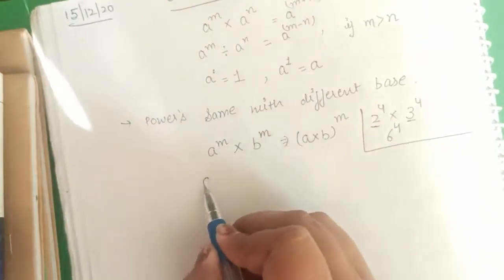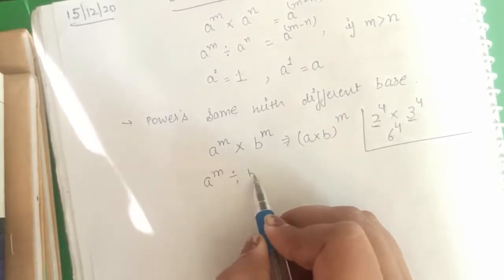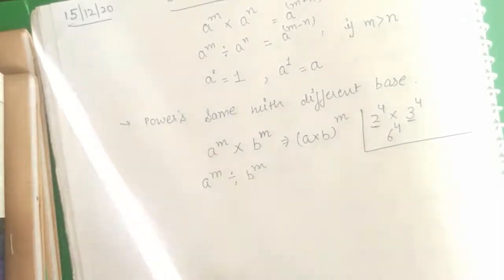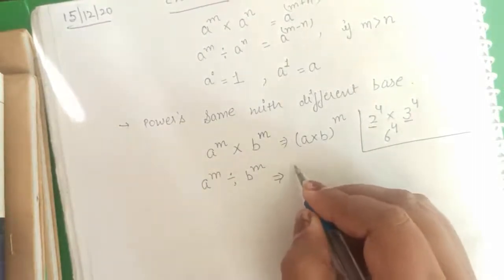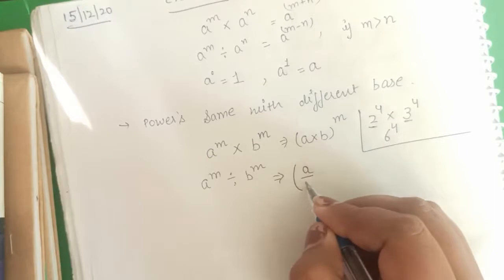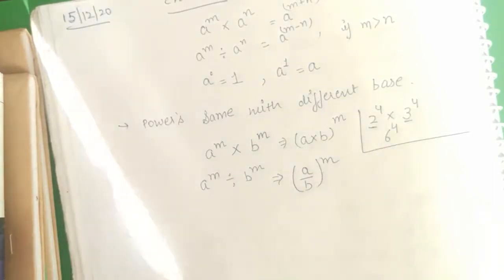Now come to the case of division. Like same, power is same and base is different. So there we will divide a by b and power will remain the same.